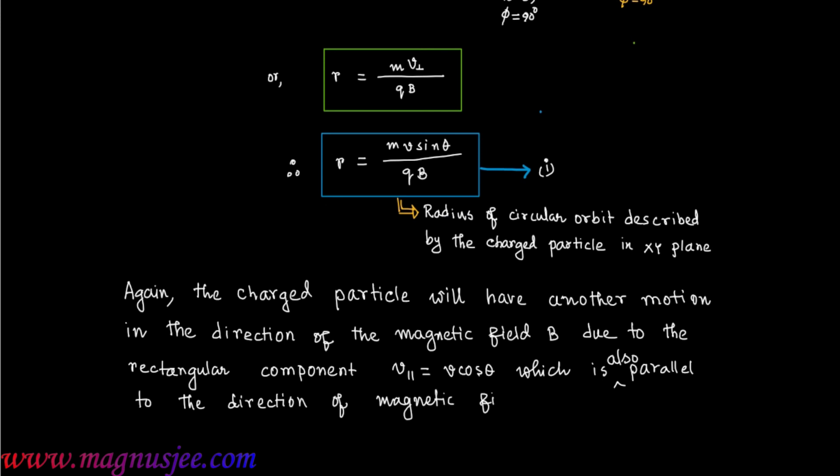V parallel equals V cos theta, which is parallel to the direction of magnetic field B.